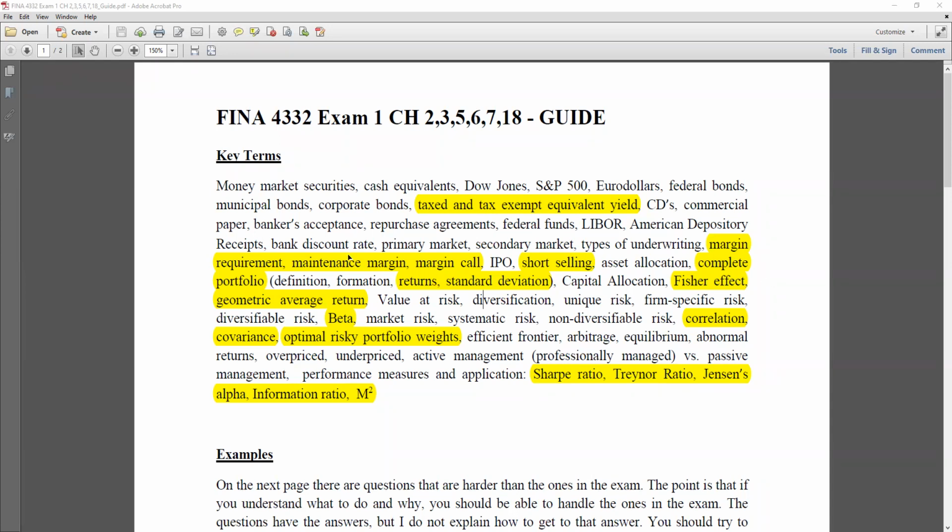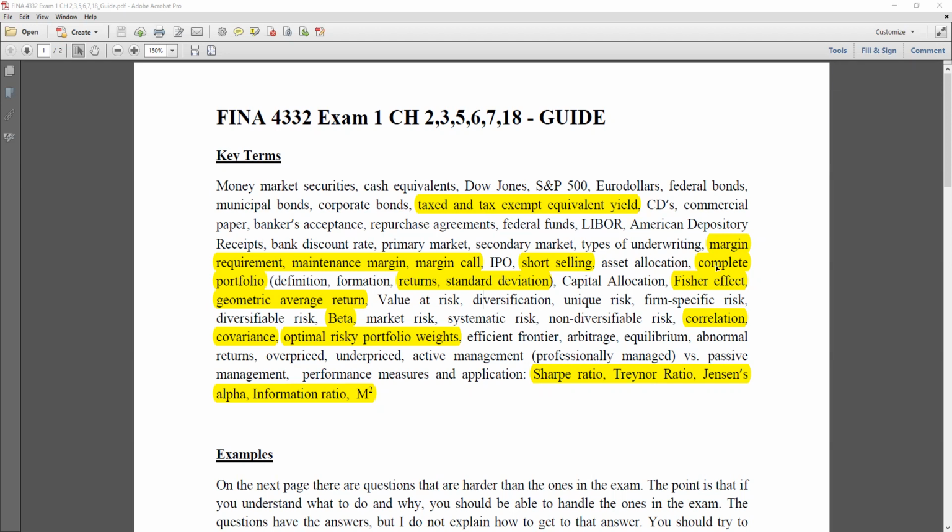Not only do you need to know what those words mean, but be able to calculate your initial margin requirement, and be able to calculate the price where the margin call may start. And all these are in the spreadsheets and the exercises you have done these last few weeks.